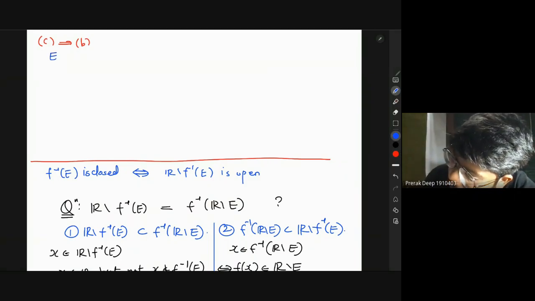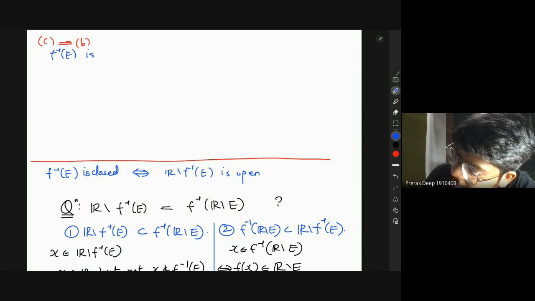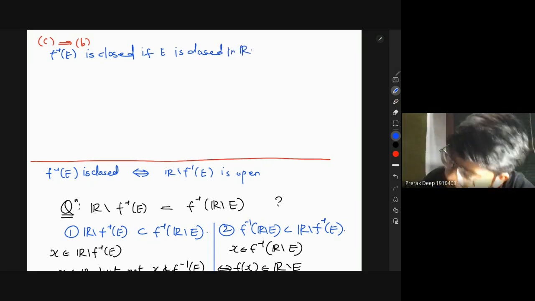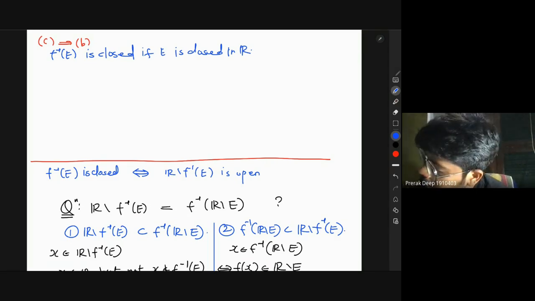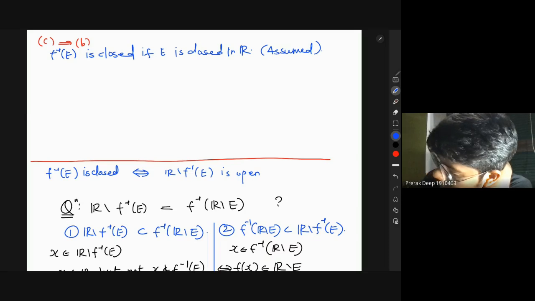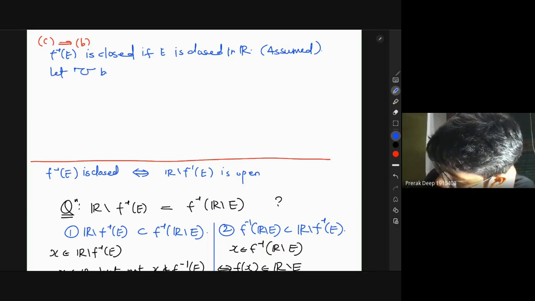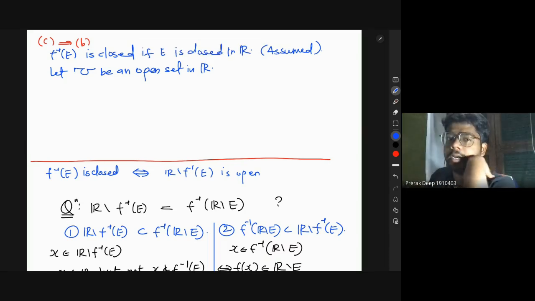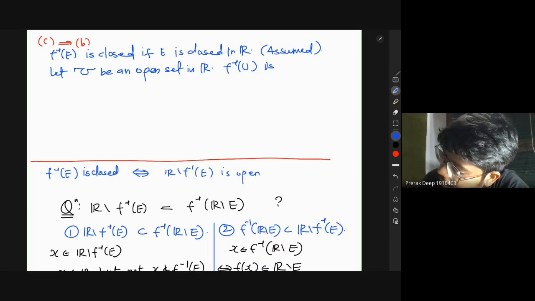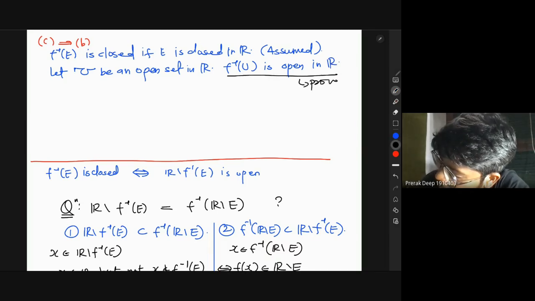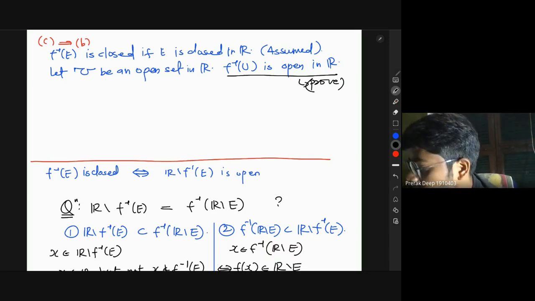We assume that F inverse of E is closed if E is closed in R. This is what we have assumed, and now we also assume let U be an open set in R. You need to prove that F inverse of U is open in R. So this is what you need to prove.